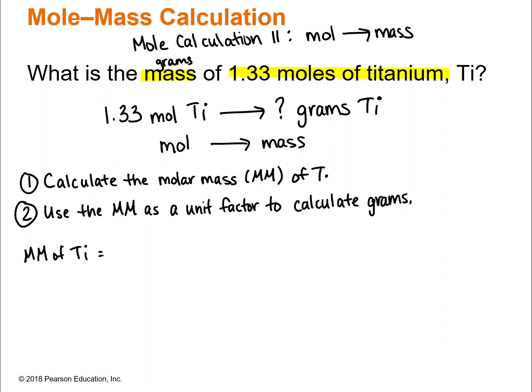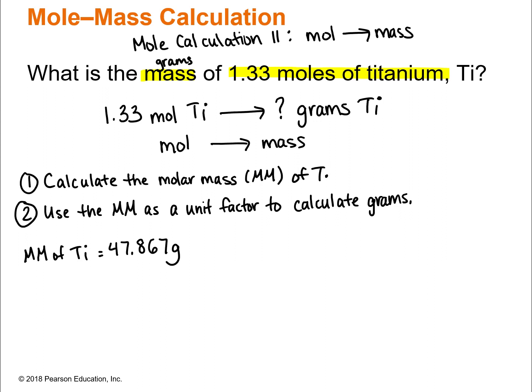Since we're talking about titanium, and titanium is just one element, all we have to do is look at the periodic table. Whatever it says underneath the symbol for titanium is what we use as our molar mass. So that's our molar mass, 47.867 grams.